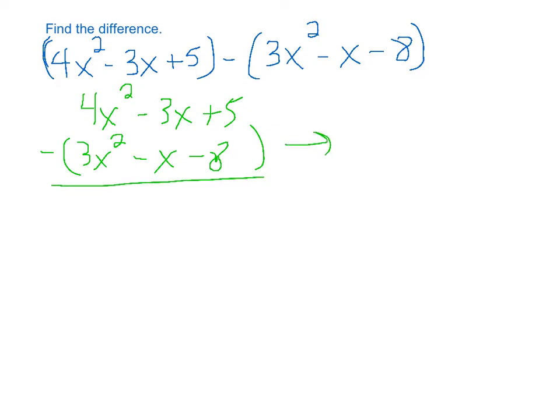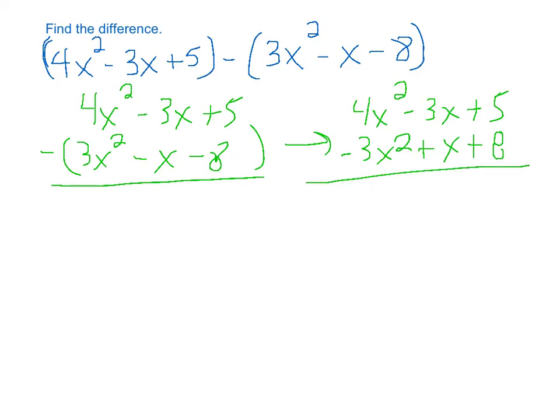I'm going to rewrite it again here because if we're subtracting the whole second polynomial, I'm just going to rewrite it so that it's easier to deal with. This would become negative 3x squared. This becomes positive x. This becomes positive 8. So now I'm going to add those together.